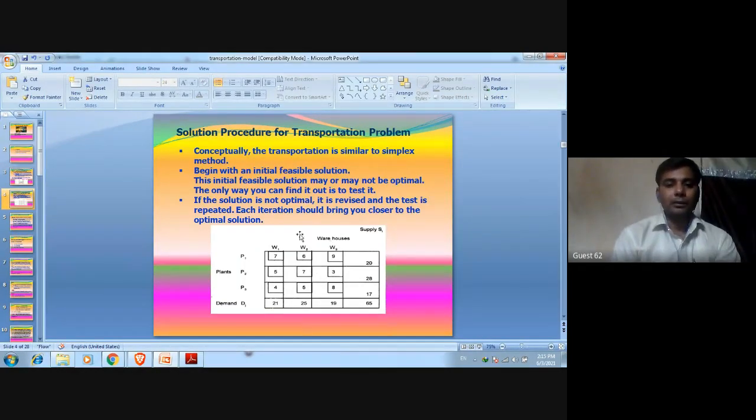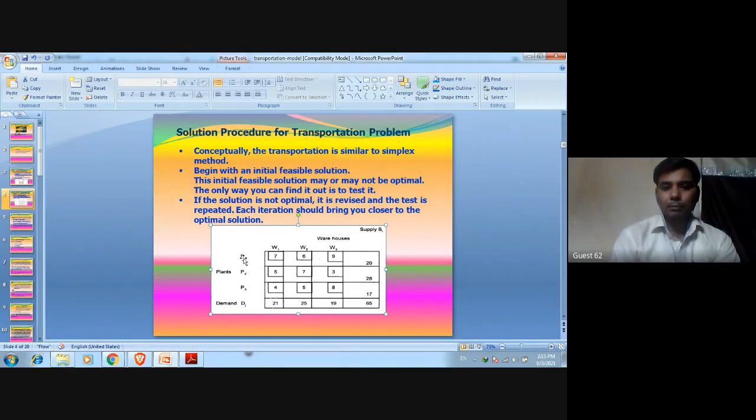Here, look at the figure that I have selected. There are three plants, P1, P2, P3, and there are also three warehouses, W1, W2, and W3. And the rightmost column is the supply column.